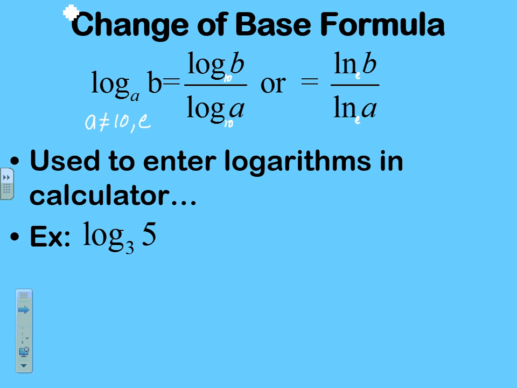So in writing the logarithm as a ratio, as a log of B over a log of A in base 10 or base e, we will be able to evaluate the logarithm in order to get a value of a number of some kind.